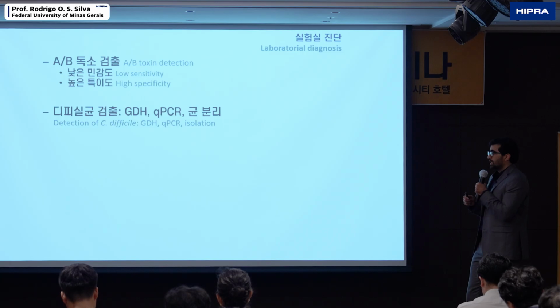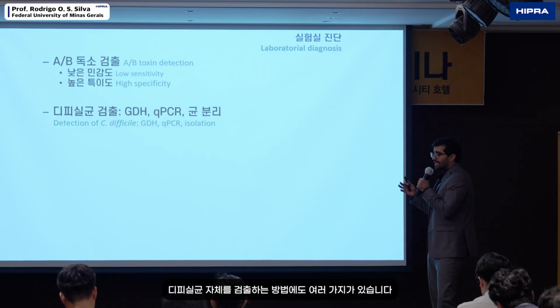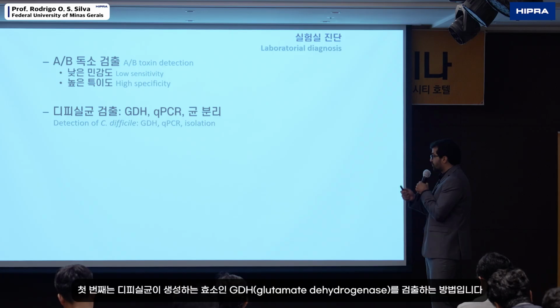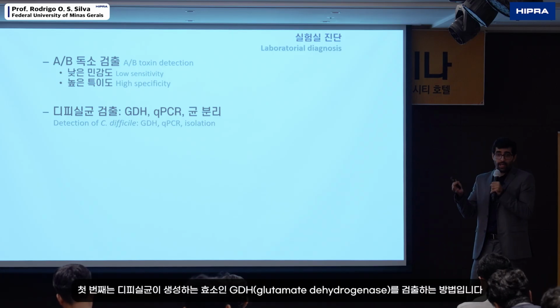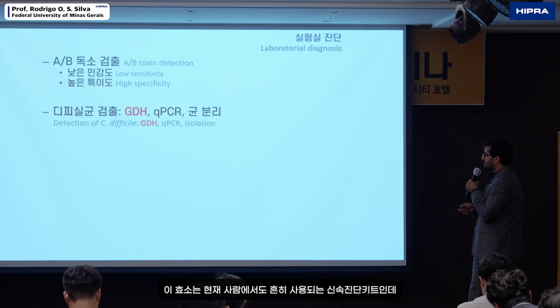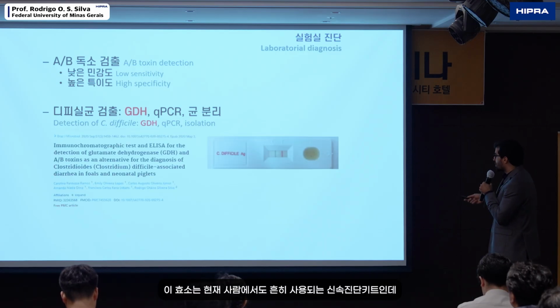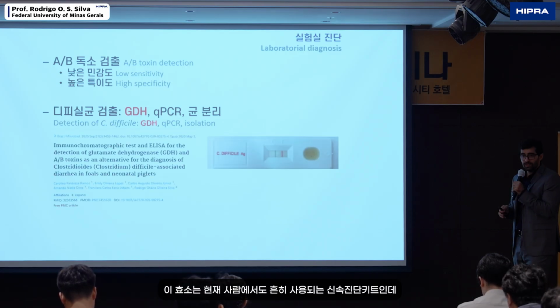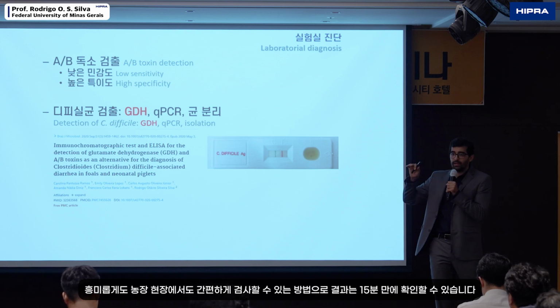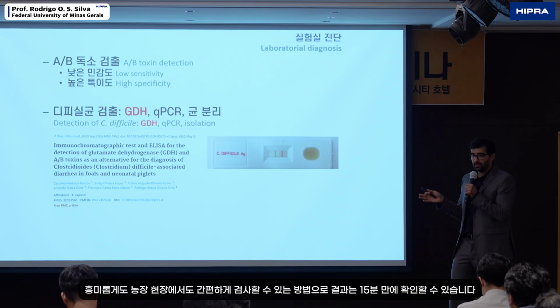farm. And if you're trying to detect Clostridium difficile, we have several options. The first one is GDH, which is an enzyme produced by Clostridium difficile. We can detect this enzyme using a rapid test. That's quite common in humans now. And it's very interesting because you can do it inside a farm. It takes only 15 minutes to get the results.